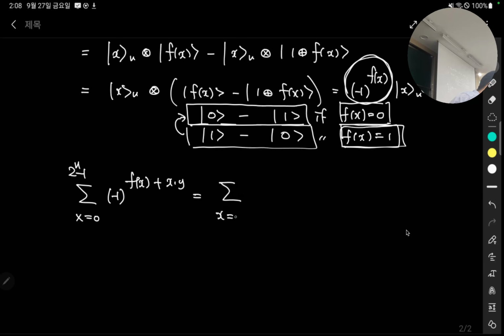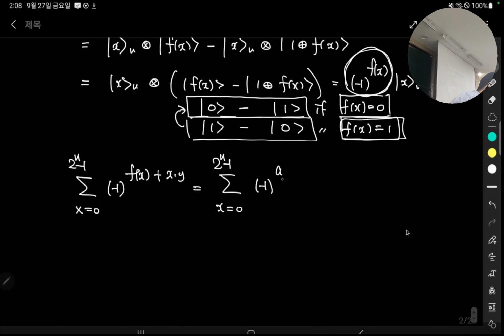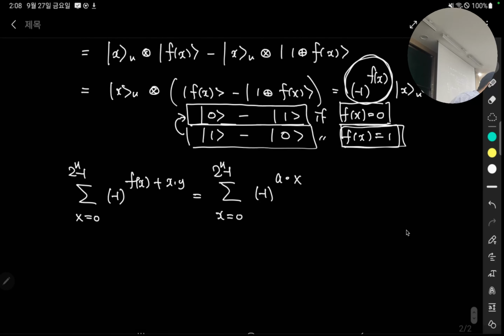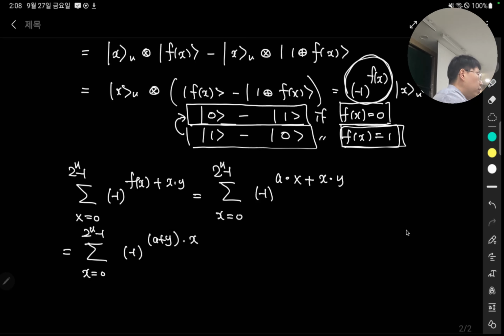So it's a times x plus x times y. Then I can combine them: a plus y times x. So it's Boolean algebra, but it's about the same multiplication and addition as with real numbers. So I can do this.